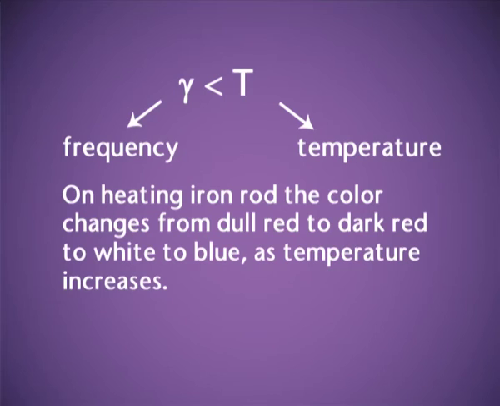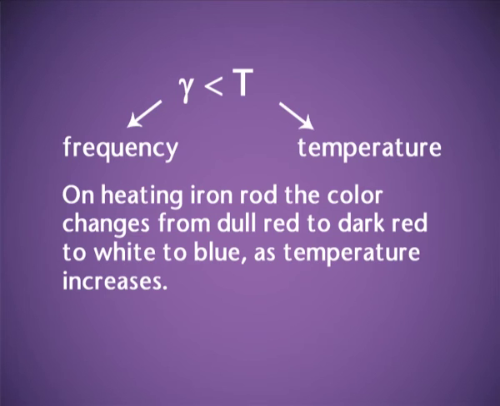It was observed that when a solid substance is heated, radiations are emitted. For example, if we heat an iron piece, the radiations are emitted. The color of the radiation changes as the temperature changes. Initially, when the temperature is low, the color of the radiation is dull red.